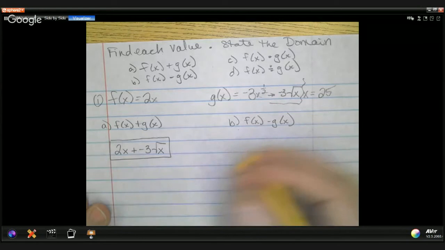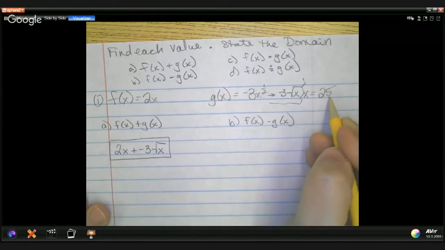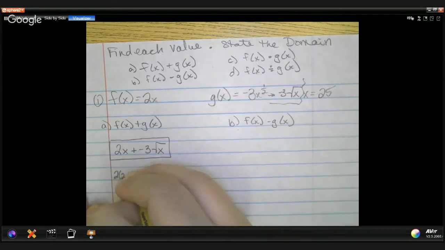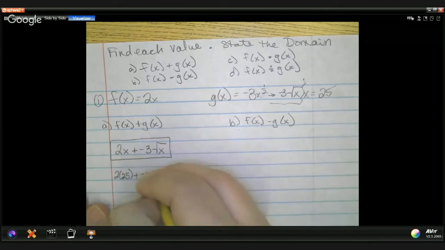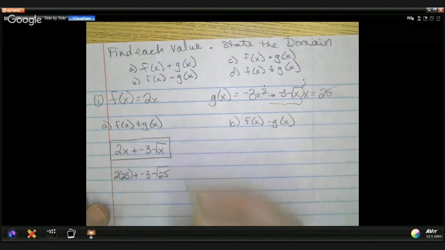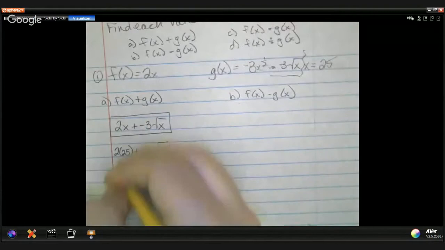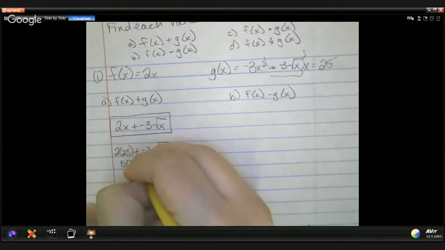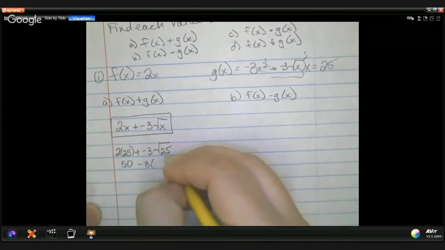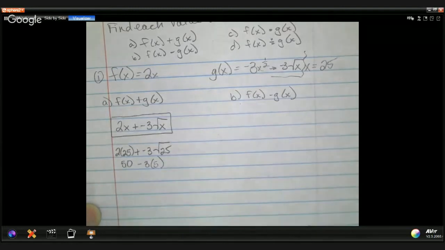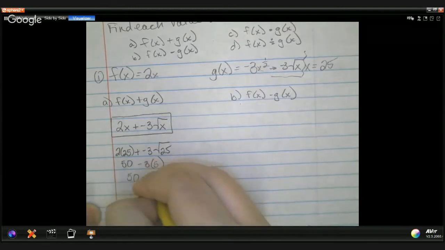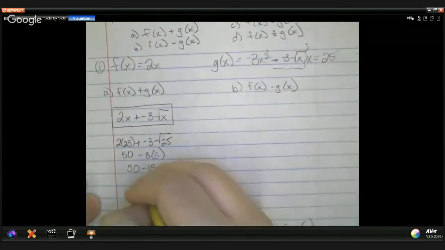And so now if I'm going to evaluate it, I'm going to plug in 25. So 2 times 25 plus negative 3 times the square root of 25. So this is 50 minus 3 times 5, because the square root of 25 is 5. So it's 50 minus 15, which is 35.